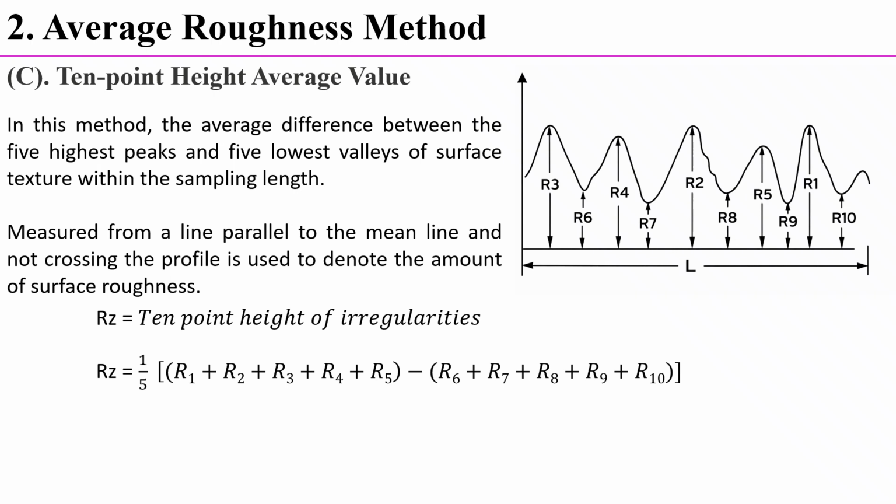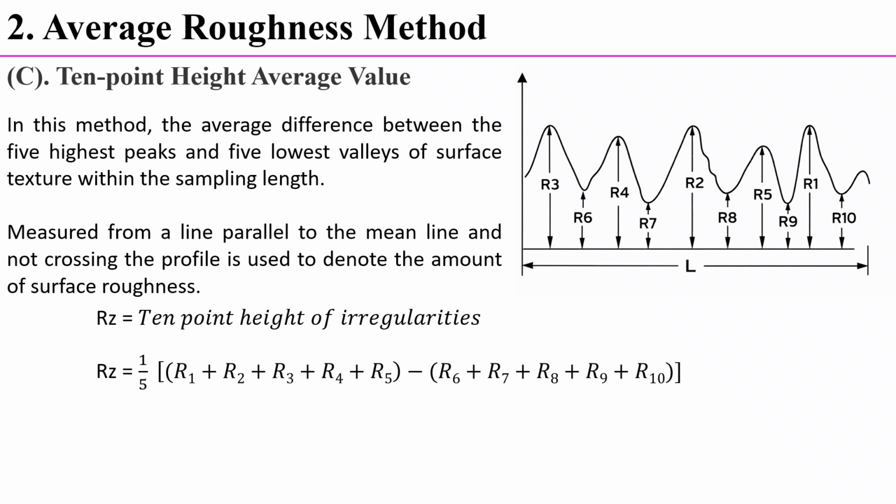So here there are 5 highest peaks and 5 lowest values, so the average is taken over 5. Then Rz equals 1 by 5 times R1 plus R2 plus R3 plus R4 plus R5, where R1 to R5 are the 5 highest peaks, minus R6 plus R7 plus R8 plus R9 plus R10, where R6 to R10 are the lowest values.